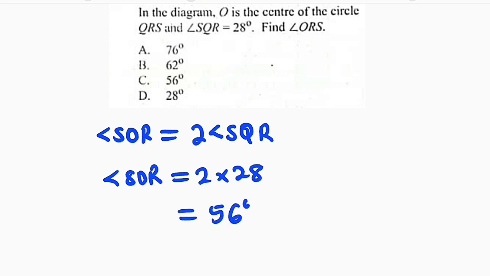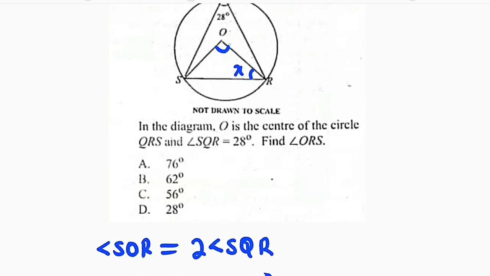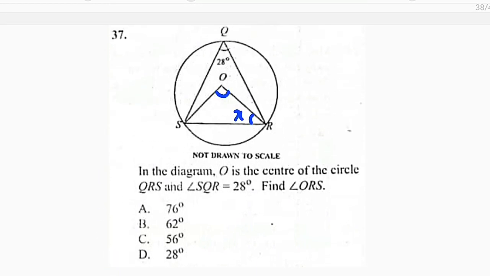This is 56 degrees. All right, if this angle here is 56, remember that the triangle formed from that chord to the center of the circle must always be an isosceles triangle. An isosceles triangle has its base angles equal. Therefore, if this one is X, this will definitely be X, right?